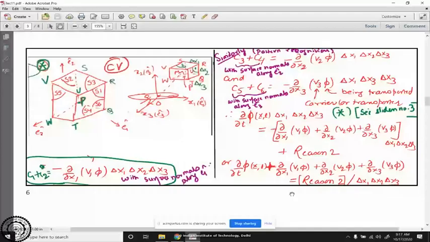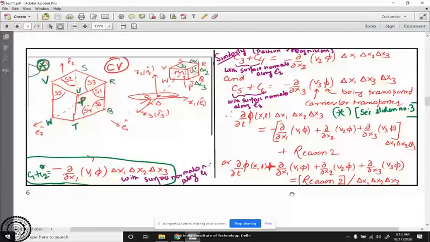So our next task is to find reason 2. And as I said in the last class, to get to a mathematical expression of reason 2, I cannot deal with psi in a general form. I will now have to take 3 different cases, making psi first as mass per unit volume, then momentum per unit volume, and then energy per unit volume.